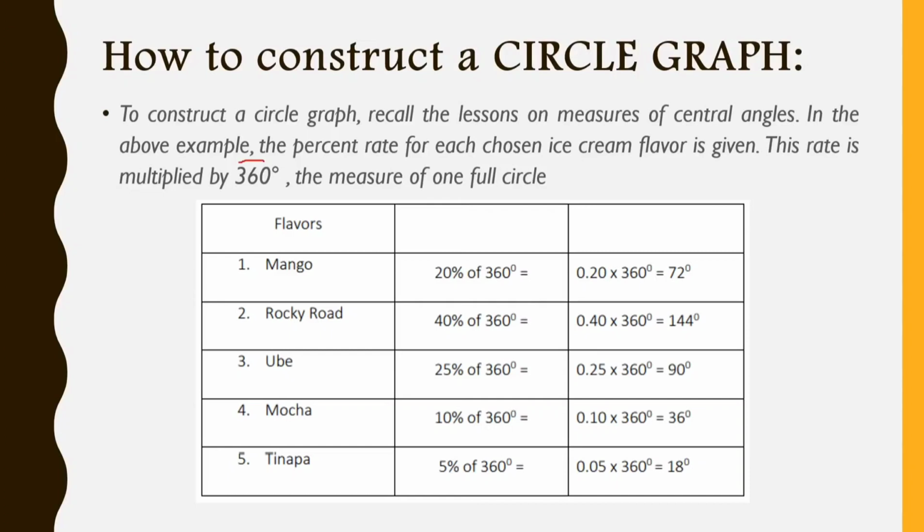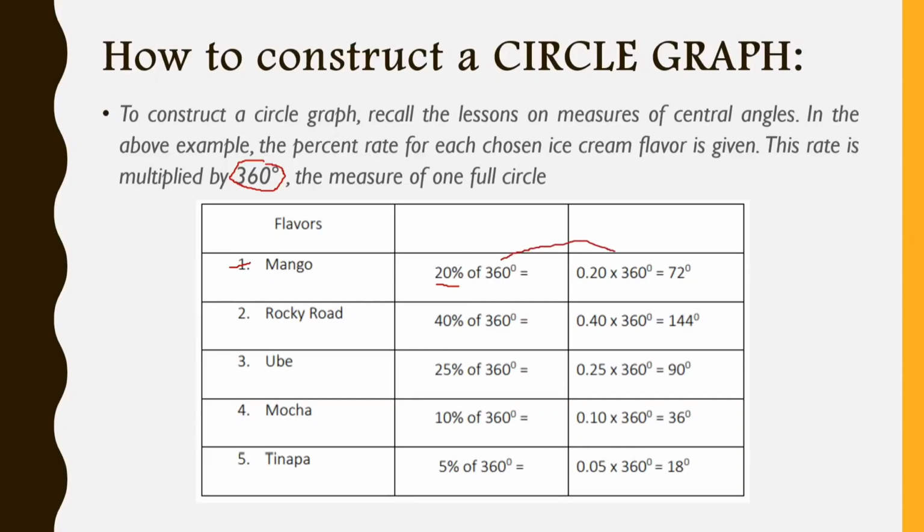Why 360 degrees? Because it is the measure of one full circle. It means that we are going to divide the whole circle into parts depending on the percentage. For example, for mango, since it is 20%, we are going to multiply 20% times 360.